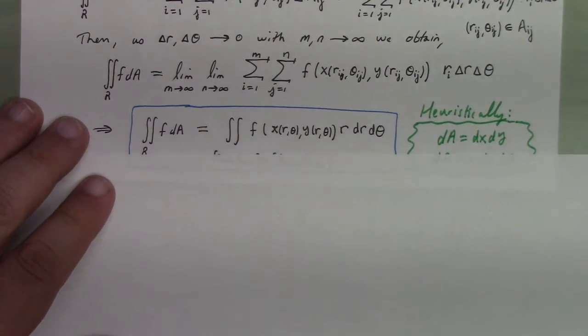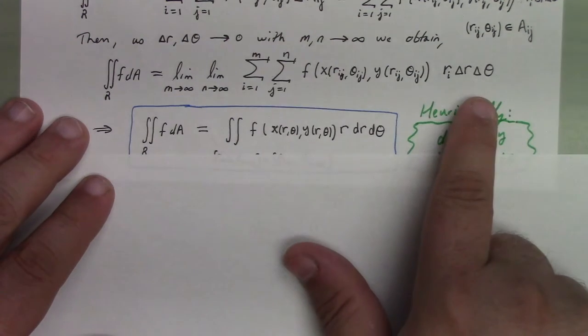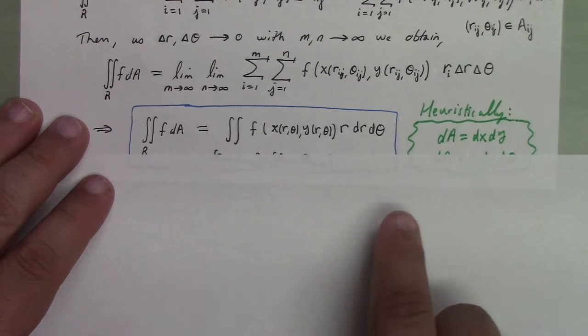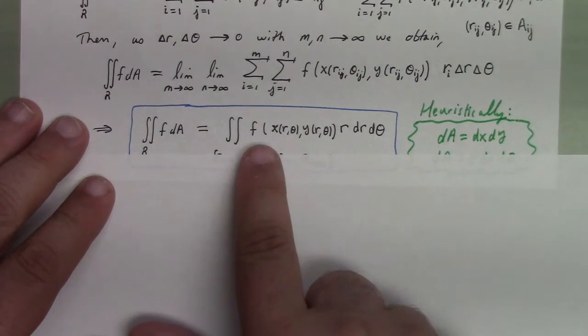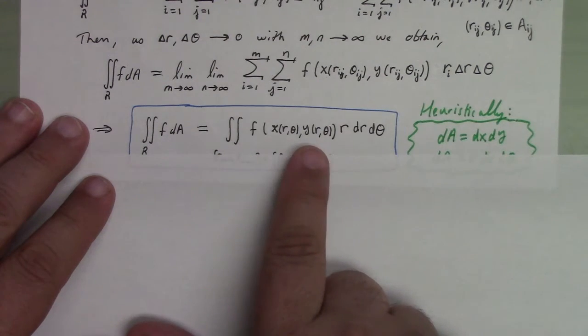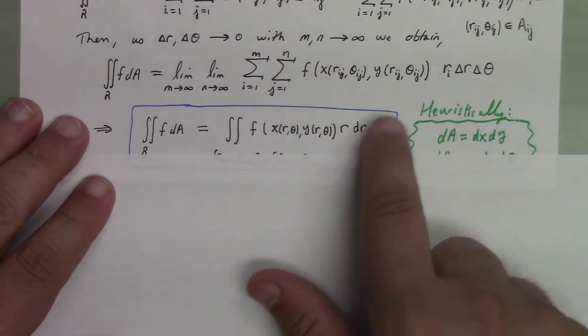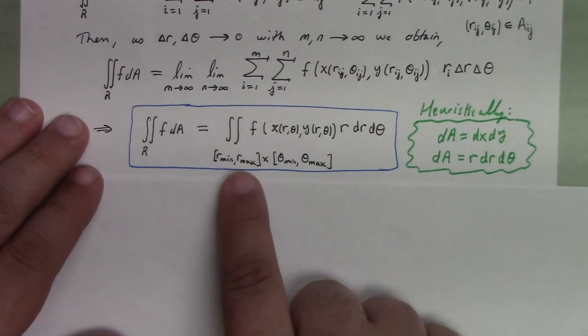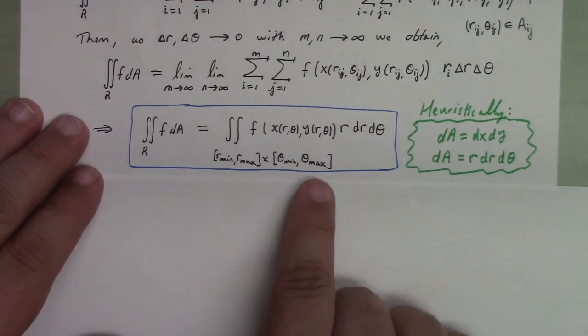But then if you remember our definition of double integral, this is exactly the integral of the function f composed with the x and y functions parameterized by r and theta for the region, times r dr d theta, and the integration region being r min, r max, Cartesian product with theta min, theta max.